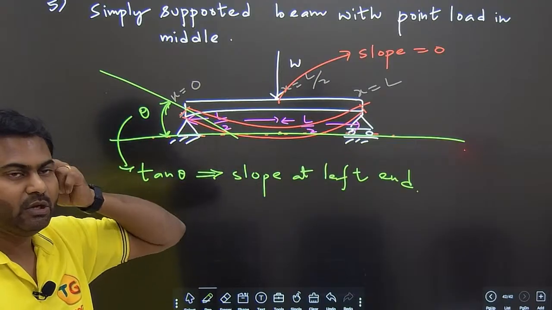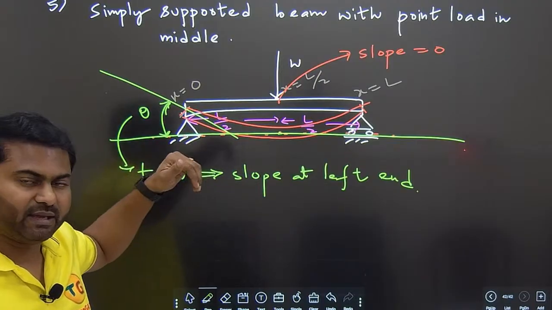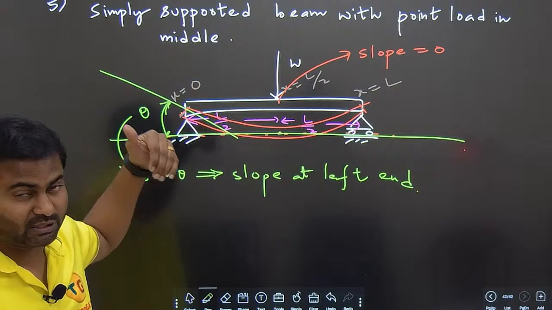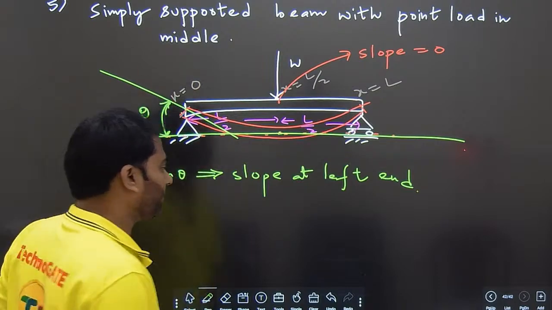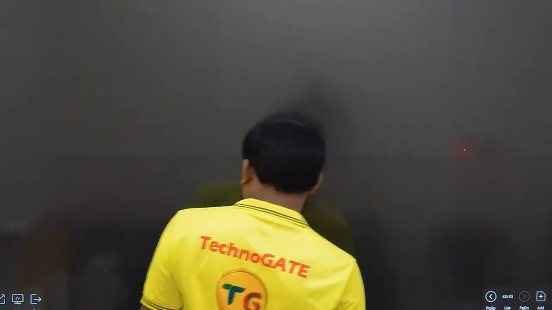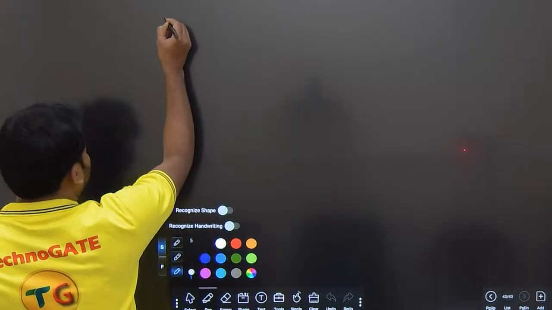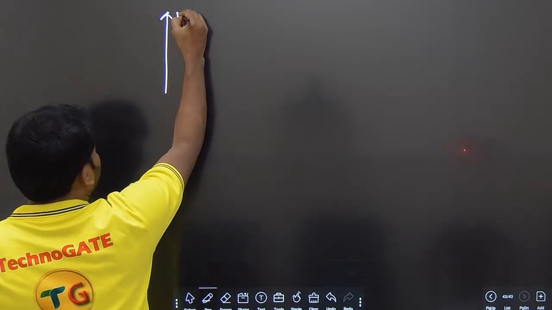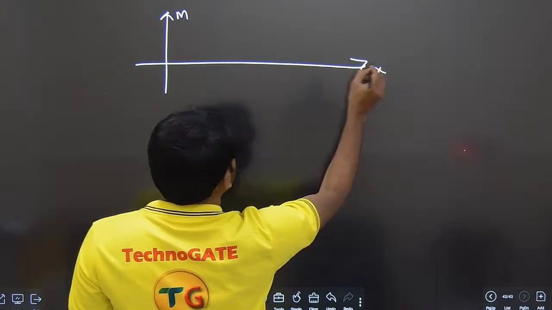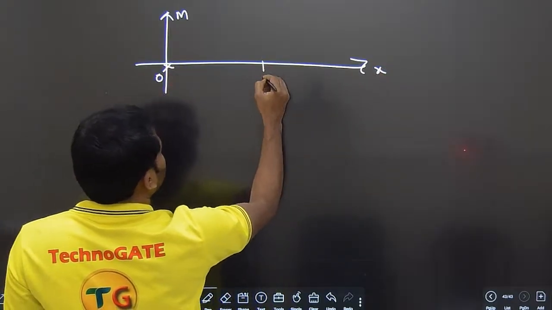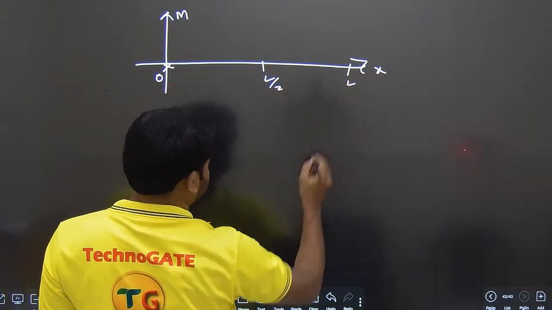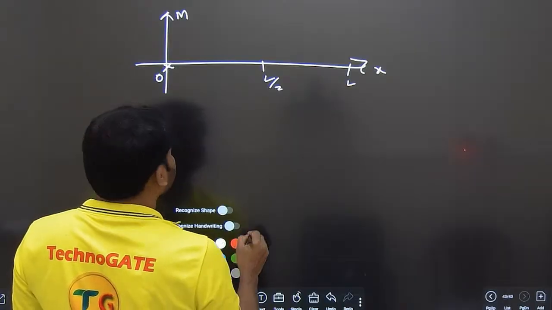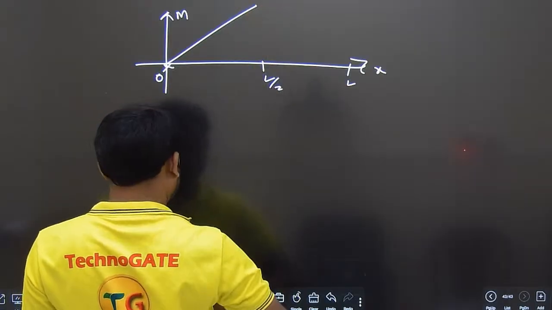Okay, clear? So for this I need the bending moment diagram, so let me draw it. The bending moment diagram for this beam is like this: M, this is x, this is 0, this is L by 2, this is L, and the diagram is like this.